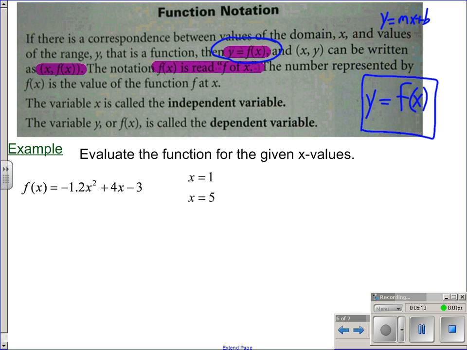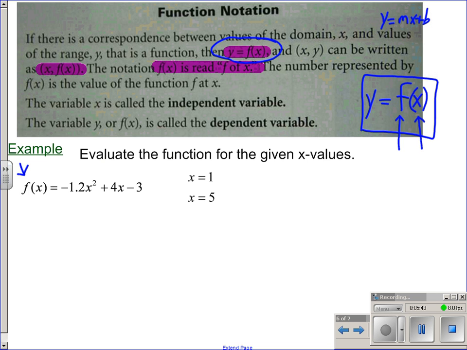They are interchangeable. The f of x, that's how you read it, that's called the function notation. Basically, f is just the name of the function. Your independent variable, or the first variable, that's just what the equation is in terms of. And so in this example right here, you can see we have f of x equals, and then you've got this equation that has just x's in it. Okay, this is your function notation.